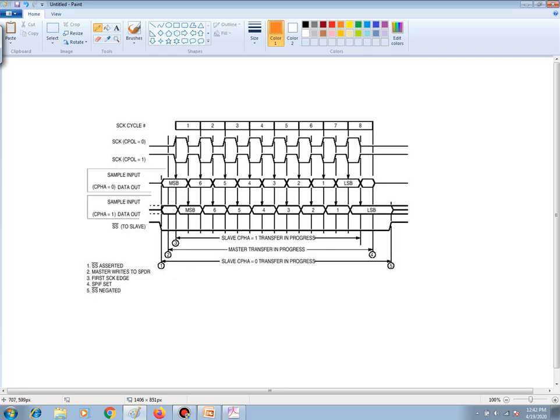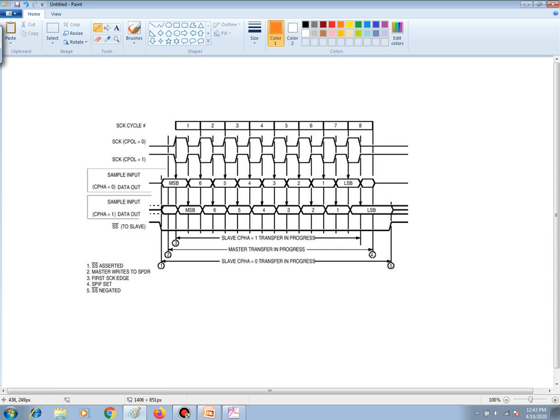Now, one of the things that we know from looking at the spec sheet for the 74HC164 is that the input is going to be positive edge triggered. So therefore the clock is positive edge triggered, but the data needs to be stable then.